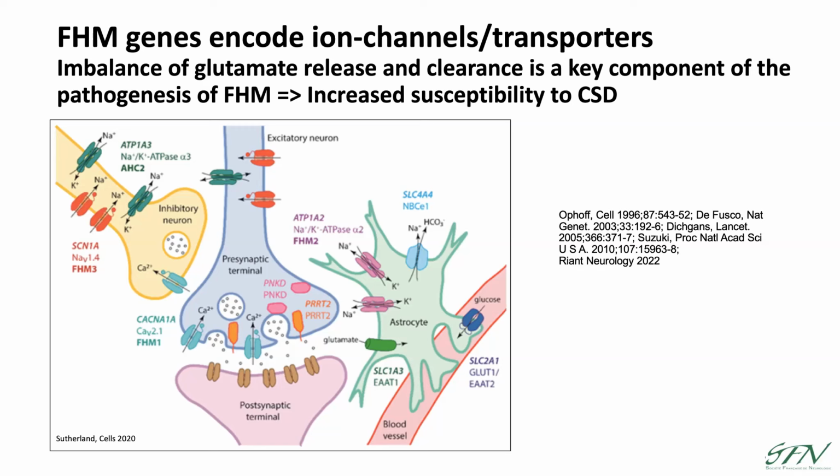And cortical spreading depression is a mechanism of migraine aura. It's a wave that usually starts back in the head on the cortex in the occipital regions, and then slowly progresses forward to the frontal part of the brain.